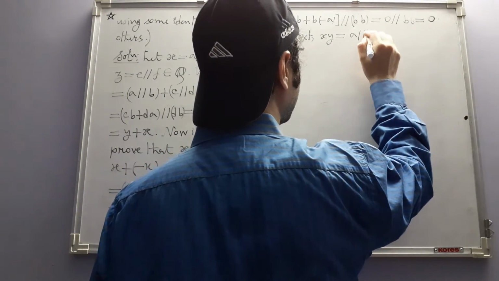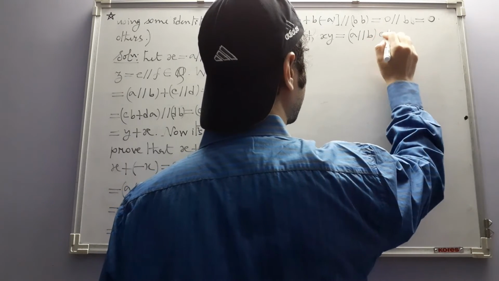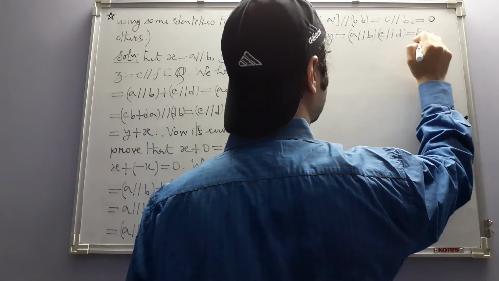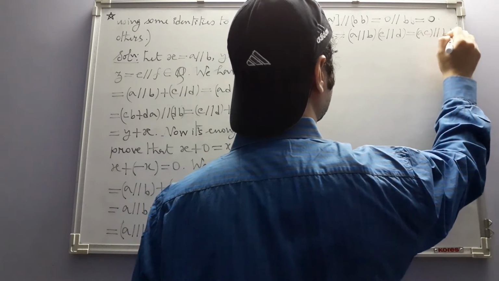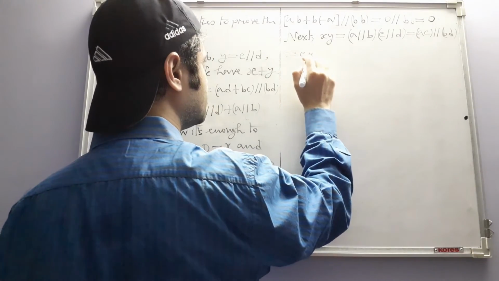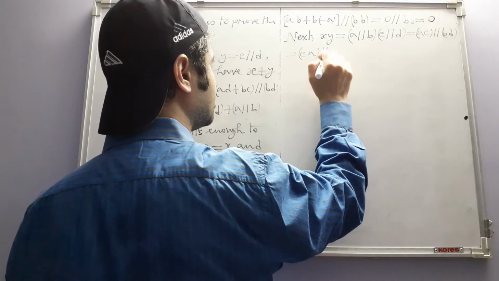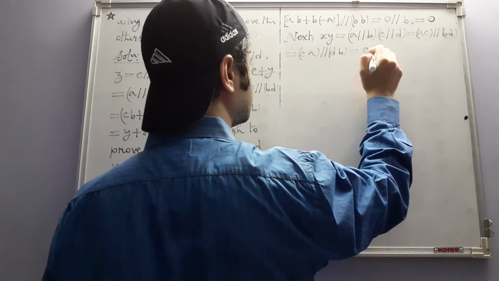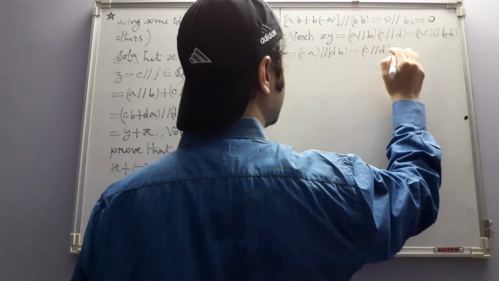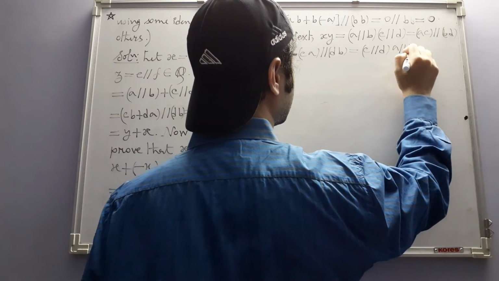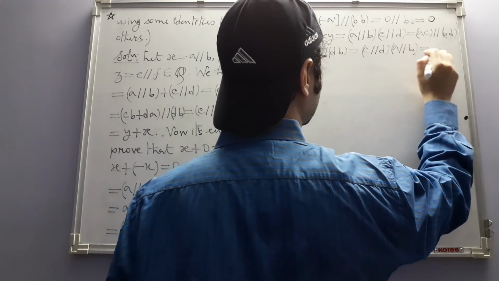So this is a by b times c by d, and that by definition is ac by bd. Since multiplication of integers is commutative, this can be written as ca divided by db, and that is c by d times a by b, and that is equal to yx.